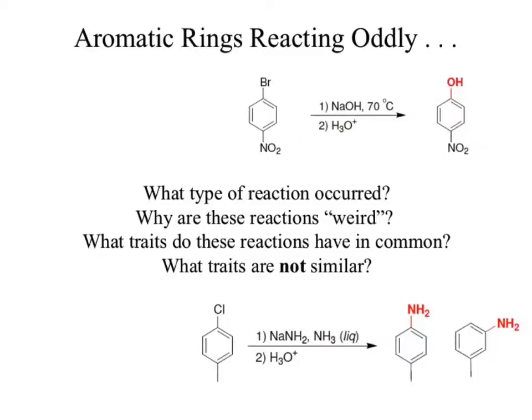What are we substituting this time? Bromine. Well, that's okay because we can do an SN2 type reaction with aromatic halides. No, we can't do that. Okay, so, well, now we're out of options. Okay, so this is really weird. Why are we getting this reaction to occur? That doesn't make any sense.